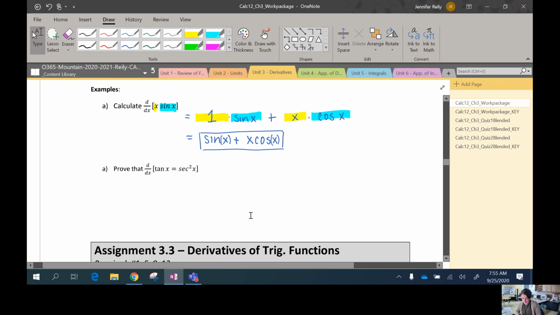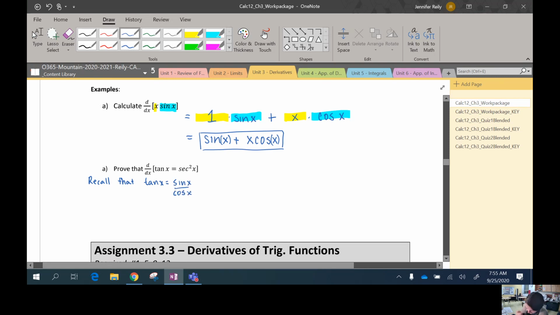Okay. The next one says prove that the derivative of tan x equals secant squared x. So I already told you that this is true. It's written in the box above, but we're going to prove that it's true. So we are going to recall or just look at the little list above. Tan x is the same as sine x over cos x.